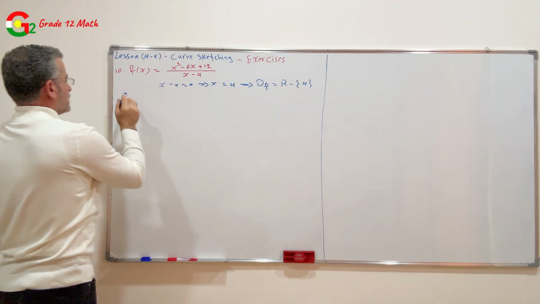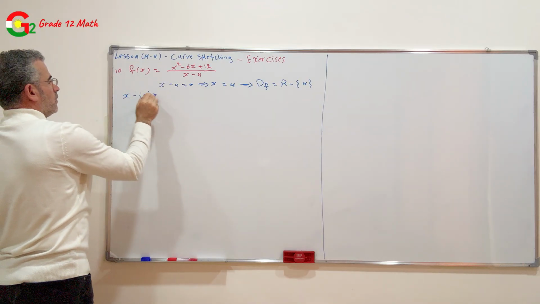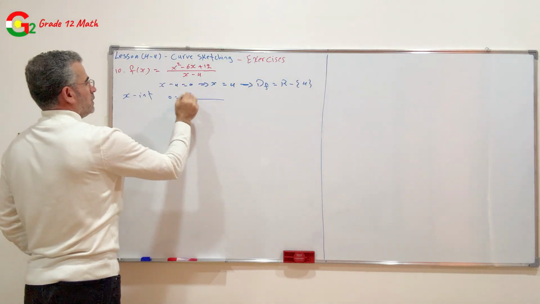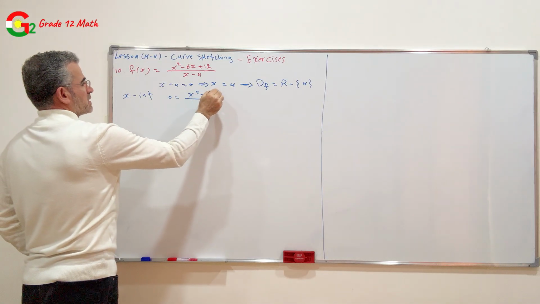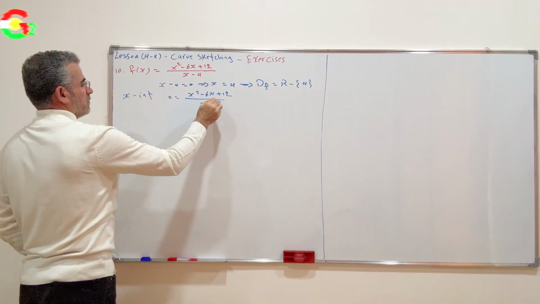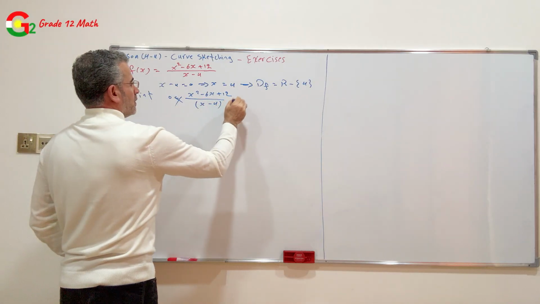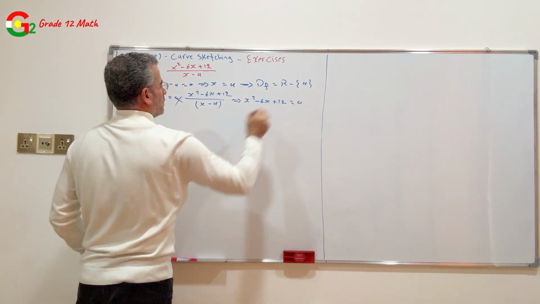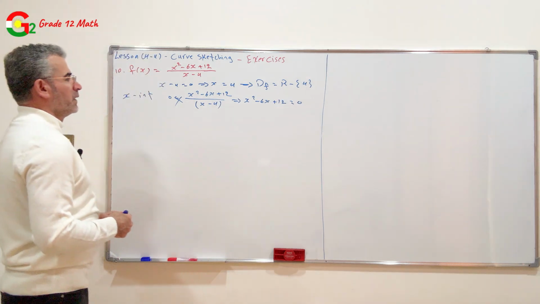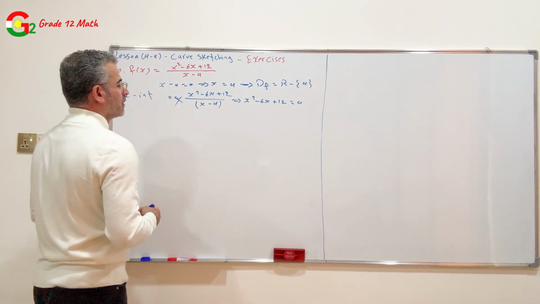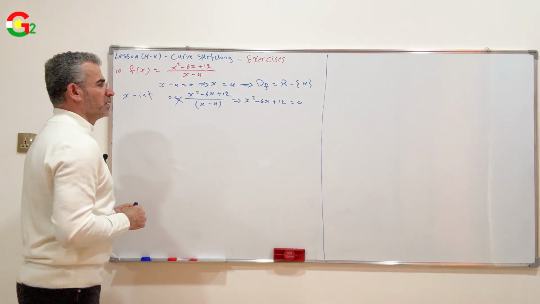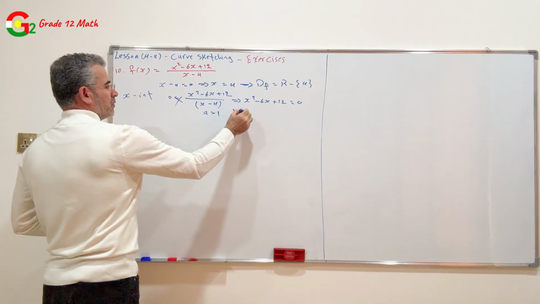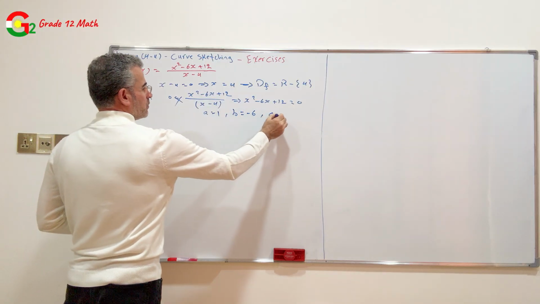For x-intercept, we set y equals 0 and find the value of x. Therefore, 0 equals x power 2 minus 6x plus 12 over x minus 4. Cross multiplication, then x power 2 minus 6x plus 12 equals 0. Solve this by quadratic formula. A equals 1, B equals negative 6, C equals 12.